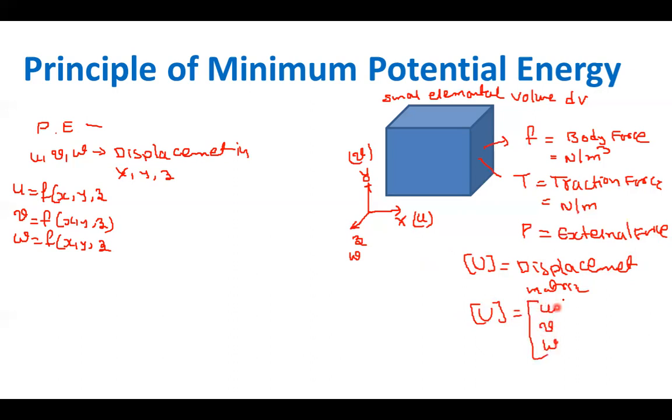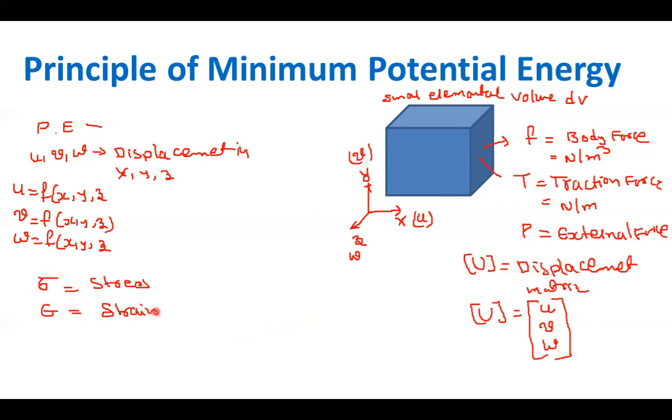This would be the column matrix. With this notation, let us try to define the potential energy equation. Also, let us assume that sigma is defined as stress, and epsilon is defined as strain.